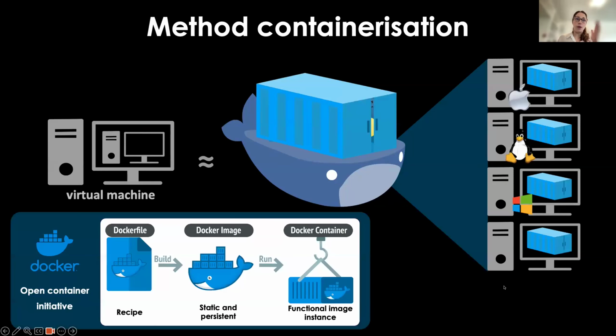They work very well, but sometimes it's complex to build them. We need to write a recipe that explicitly tells all the dependencies and requirements that we need in this virtual machine. Then Docker builds an image, and from this image we can create as many containers as we want.